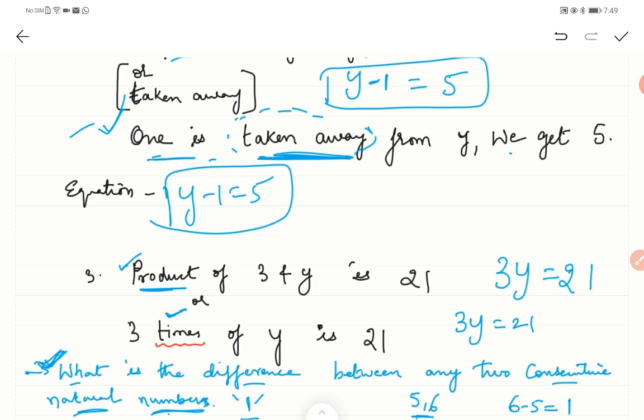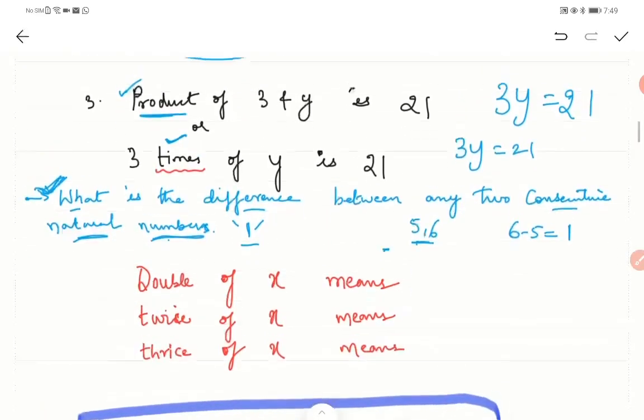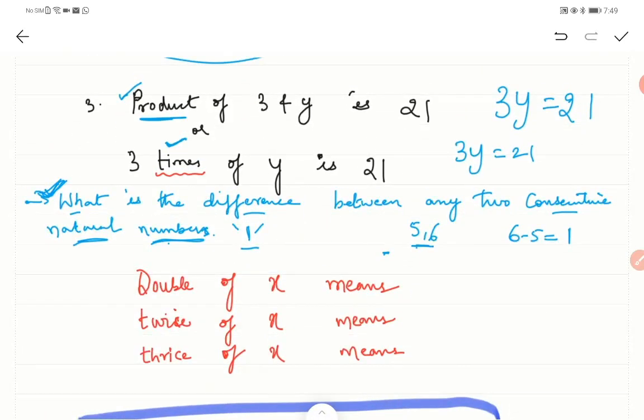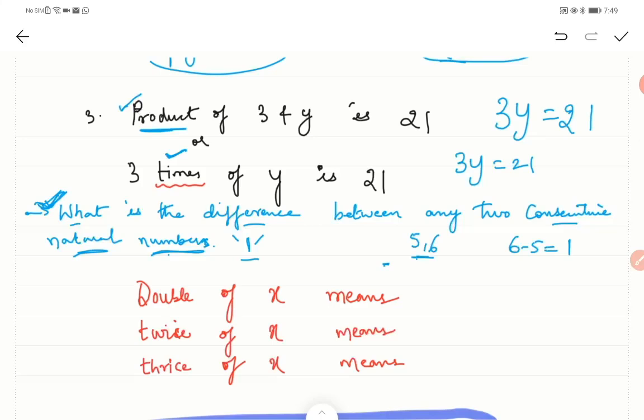Does everyone remember, if I say 2 times of x is 10, that is 2 multiplied by x is 10? So you need to remember these, don't get confused. Statements you need to read properly and convert into equations. You have some statements like double of x.